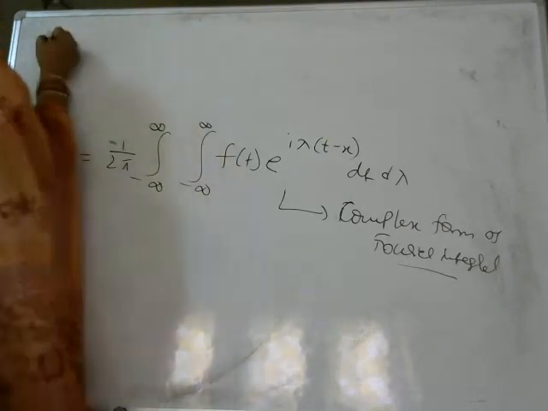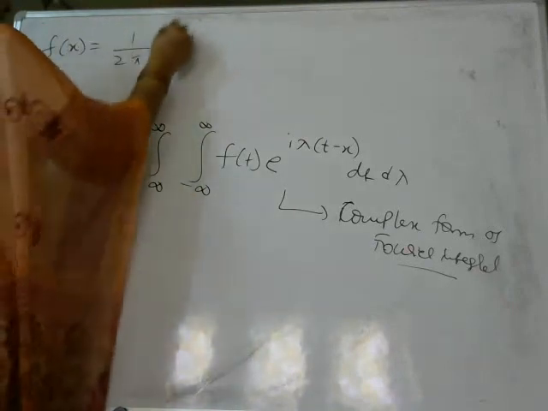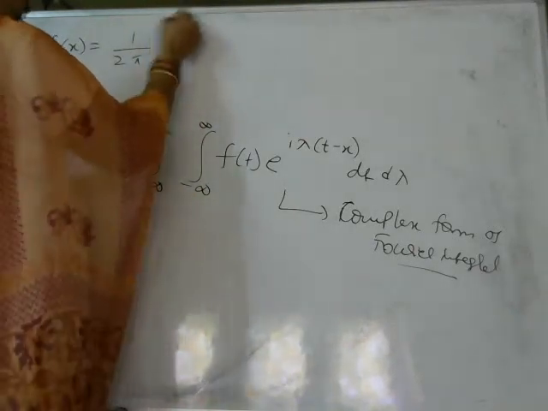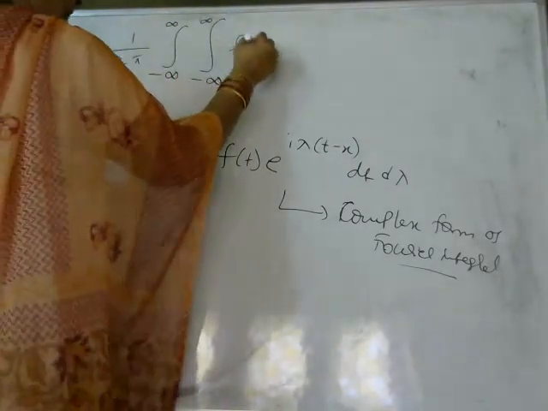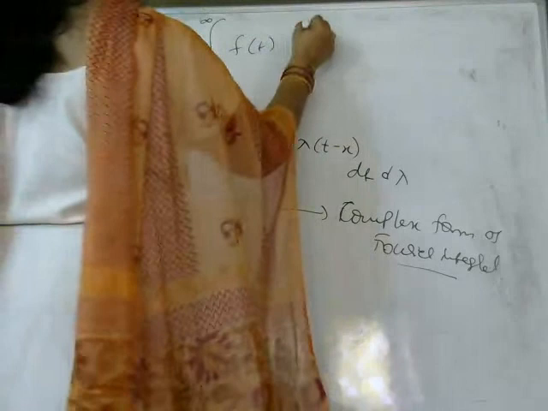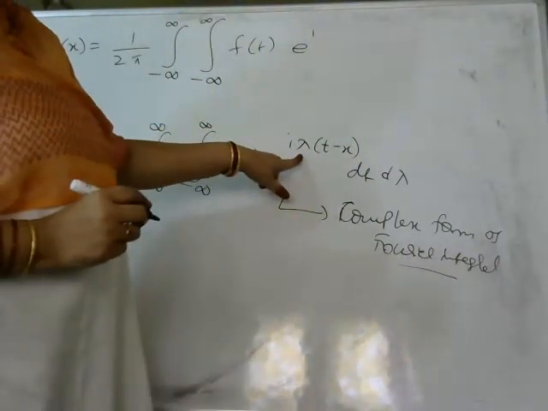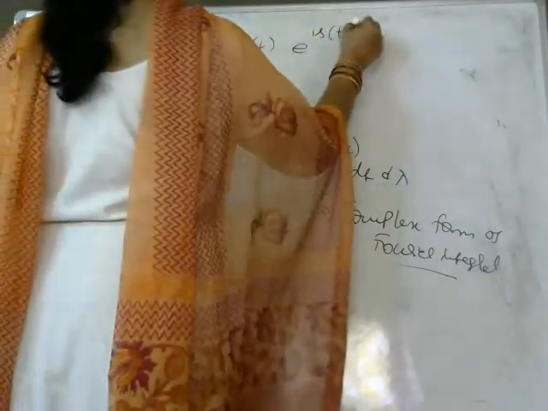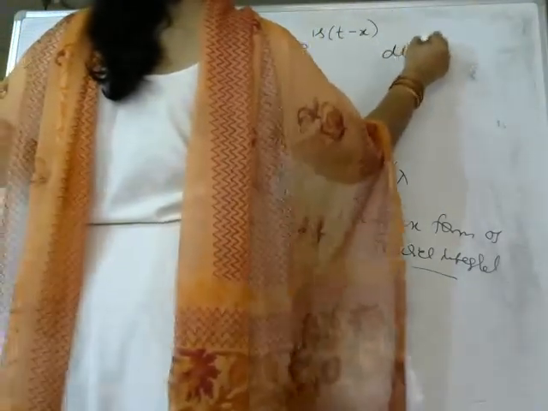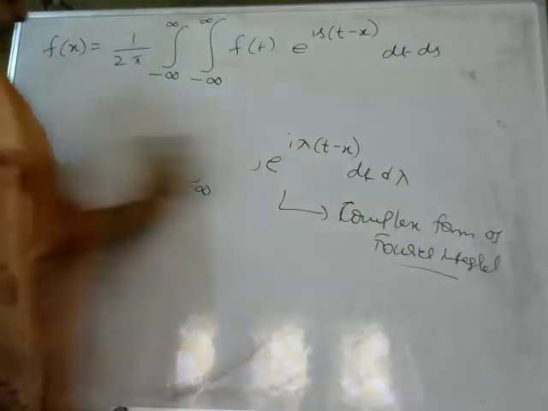We have f of x is equal to 1 by 2 pi integral minus infinity to infinity, integral minus infinity to infinity f of t e to the power of i. Lambda is some variable, so for our convenience, I will convert this lambda into s. So i s (t minus x) dt ds.